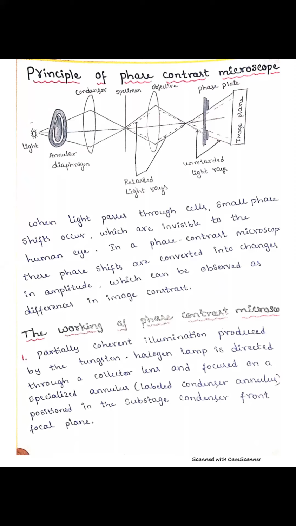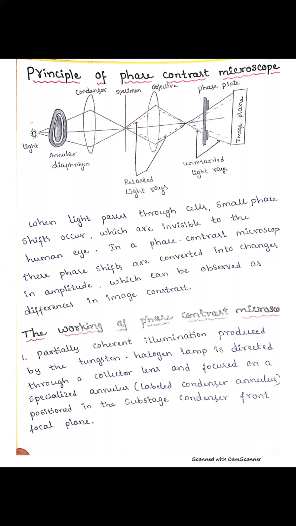Number 1, partially coherent illumination produced by the tungsten halogen lamp is directed through a collector lens and focused on a specialized annulus positioned in the substage condenser front focal plane. Number 2, wave fronts passing through the annulus illuminate the specimen and either pass through undeviated or are diffracted and retarded in phase by structures and phase gradients present in the specimen.